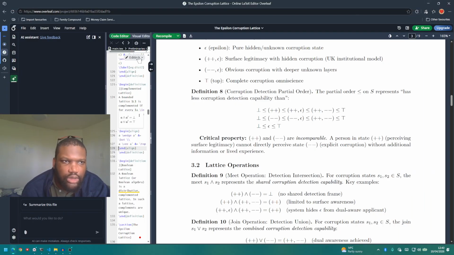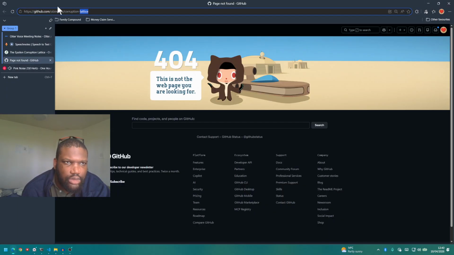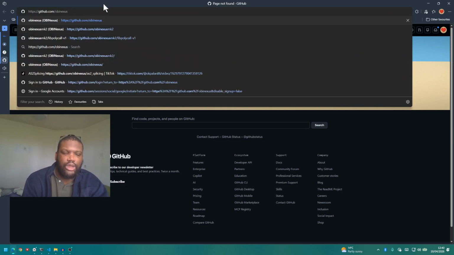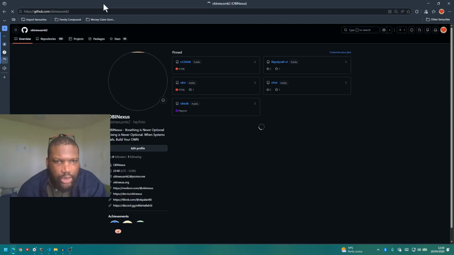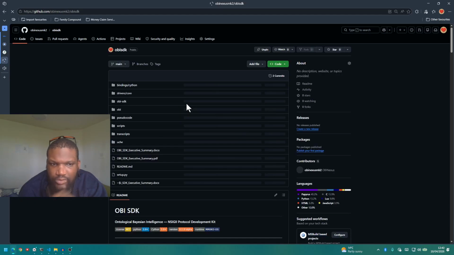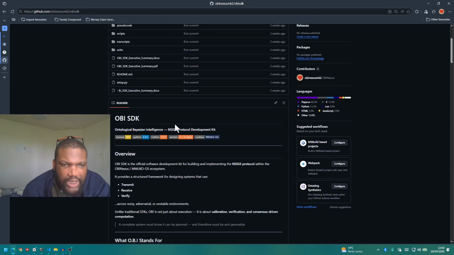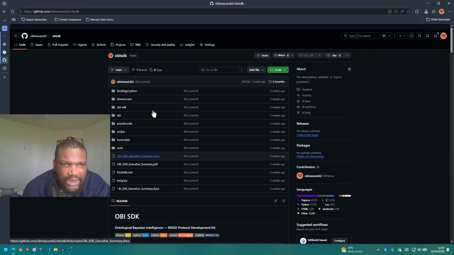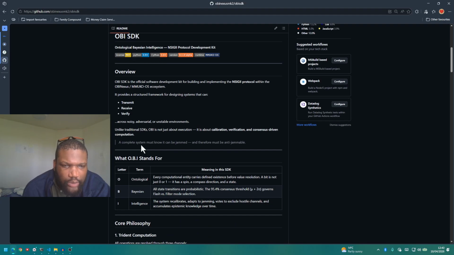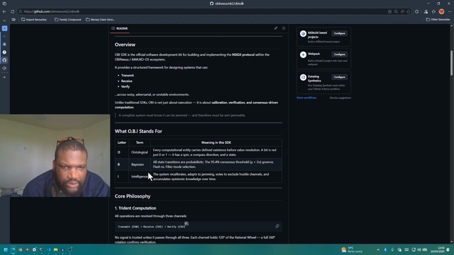Now I'll show you one more thing. So here we have OBISK, and this is the OBISK. This is by SIGI, the SIGI OBISK. They just want an SDK to work on ontological Bayesian intelligence.